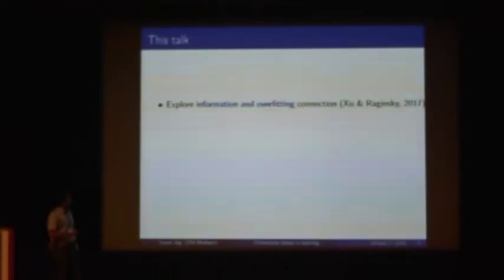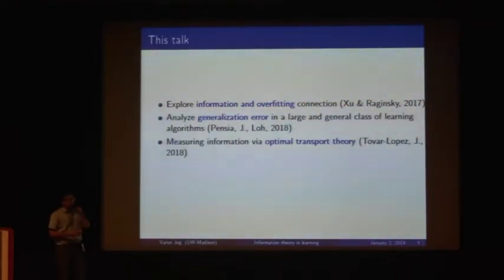So I'm going to first explore the connection between information and overfitting. This was first observed by Xu and Raginsky in 2017. I'll then go into a class of algorithms that you can analyze using this connection between information and what is called generalization error.